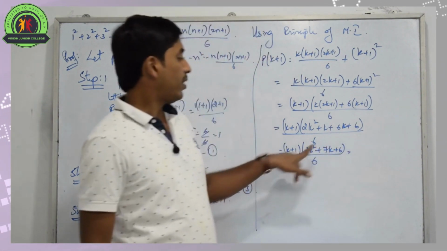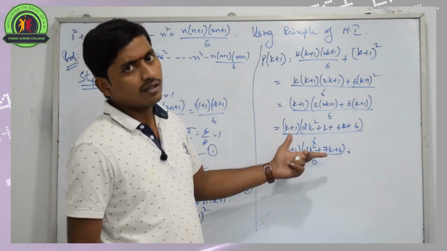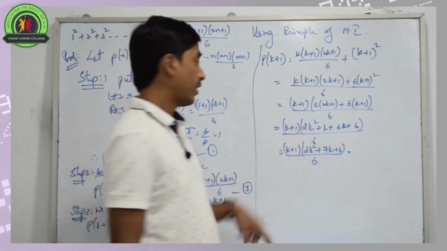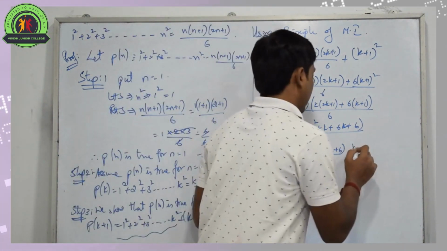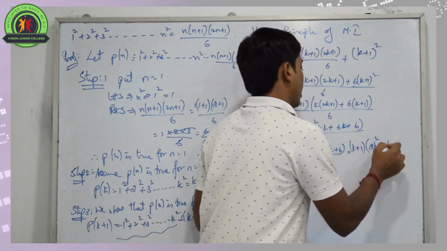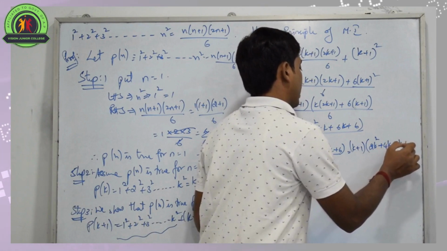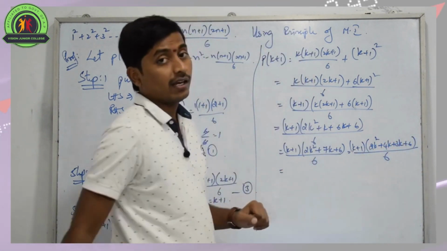Now tell me, 2 sixes are 12. What are the factors of 12? Let us factorize it. 4 threes are 12, right? Fine. 4 plus 3 is 7. We can do it, right? Then k plus 1 into 2k square plus 4k plus 3k plus 6 divided by 6. Is it fine? Yes.